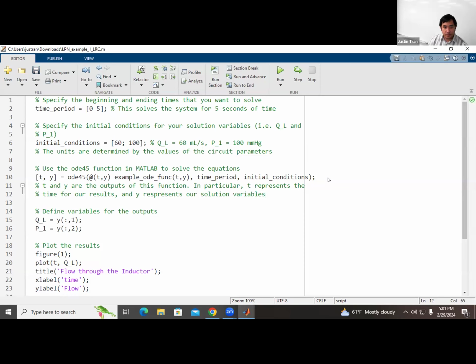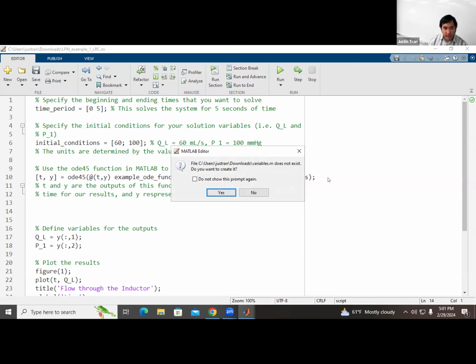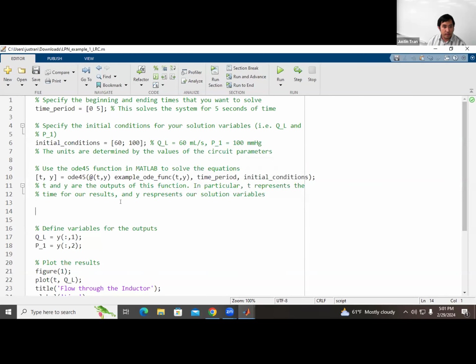The one that's actually interesting here is y. Y is going to be a vector that has two main entries.